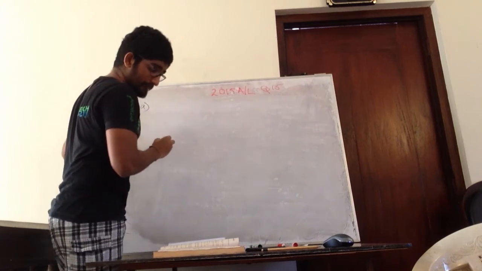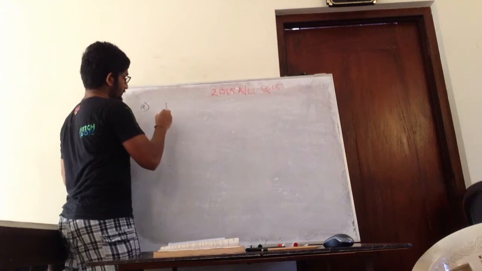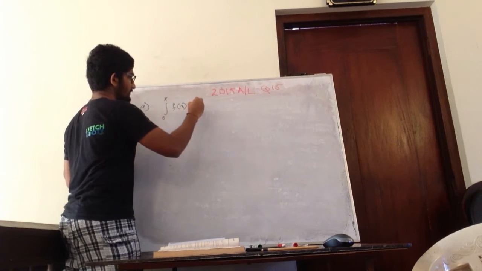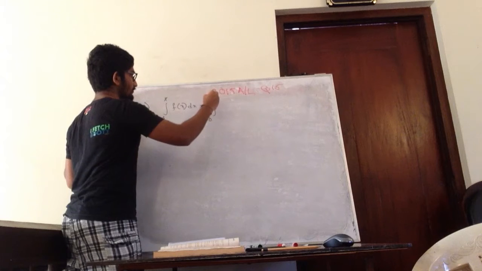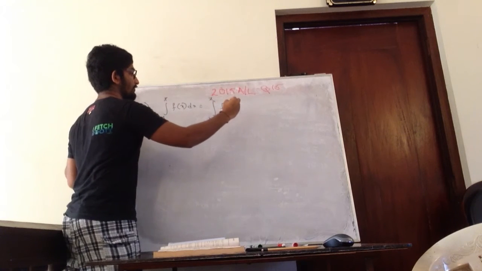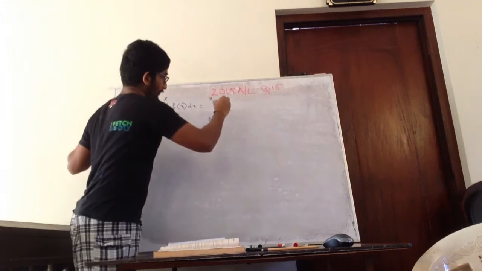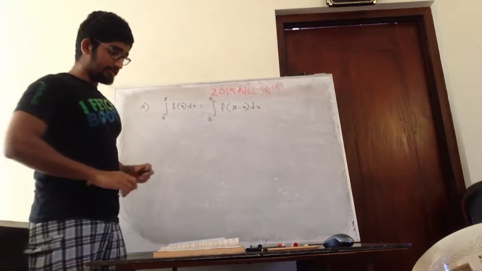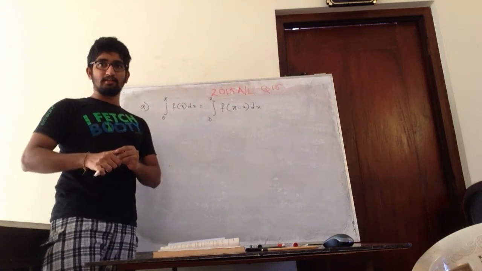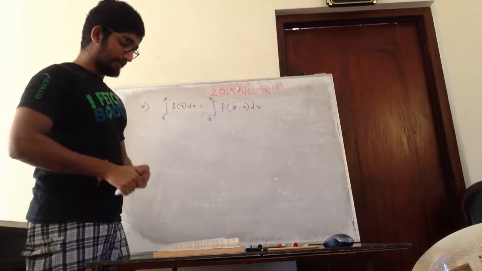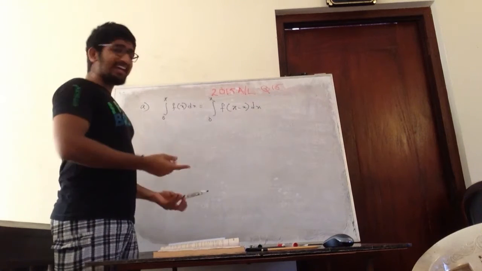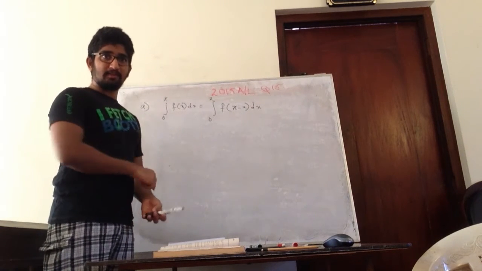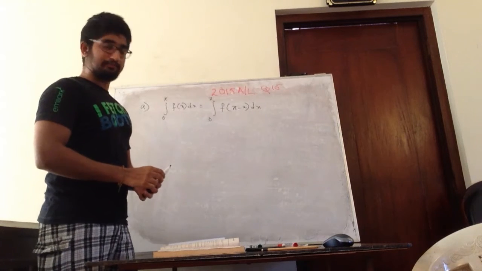Part A, we show that this is what they are asking us to show. This is just like the 2014 paper. They have asked a similar thing in the 2014 paper as well.